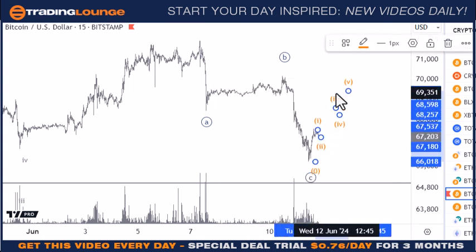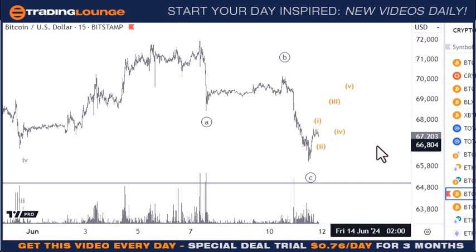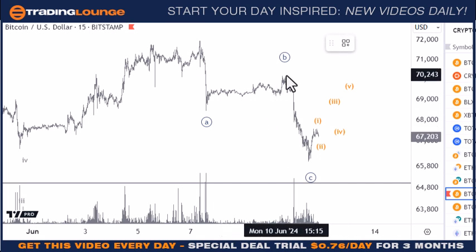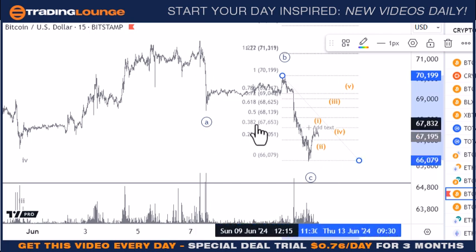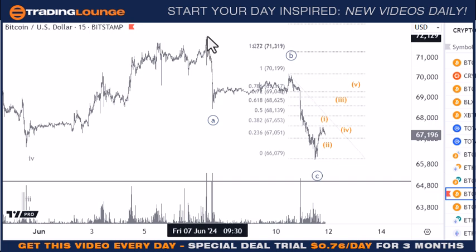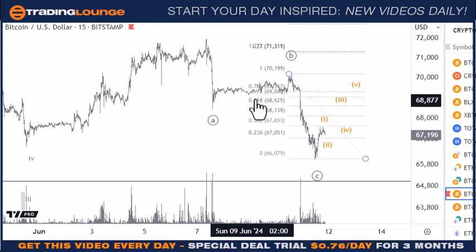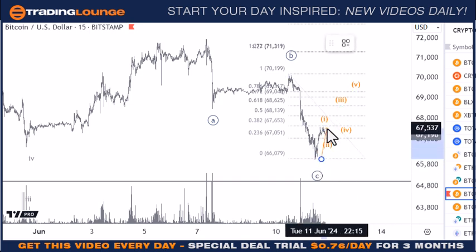And we also need to have a look at the corrective side. So if we see a nice 5 waves up here, I suppose another way to view this too, many roads to Rome. This is the 38.2% retracement level here. So if this was, let's say, down for 1, back for 2, down for 3, and back for 4, so basically here a little A, B, and C for 4, and then come down.